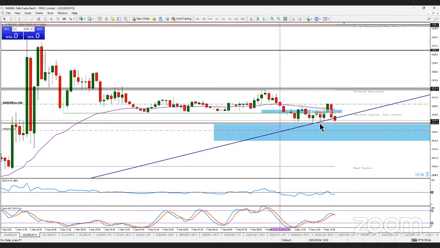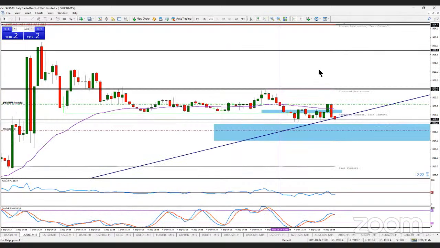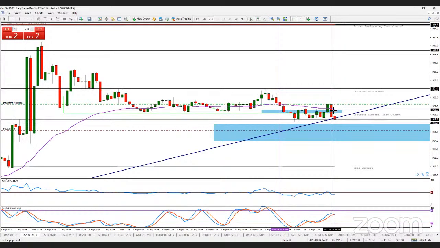Can we see what is going on here? Remember, I drew my trend line and pointed it to this particular low here. But look at what's happening now. There's a new low. Remember, I said this candle has closed below this moving average.